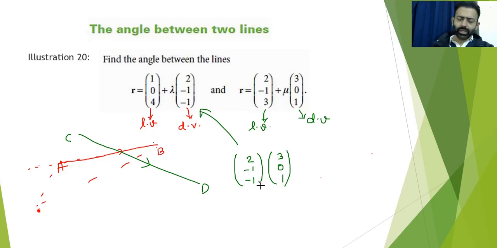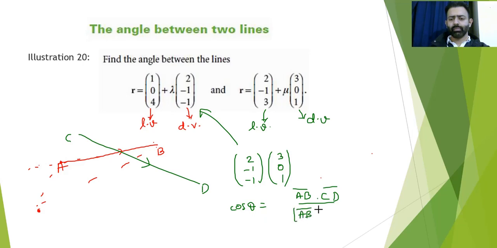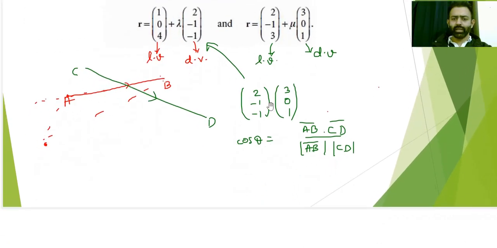As we have already done in the previous lessons, we find the angle between two given vectors using the scalar dot product. So cos theta is equal to the dot product of vector AB and vector CD, not modulus, divided by modulus of AB and modulus of CD.